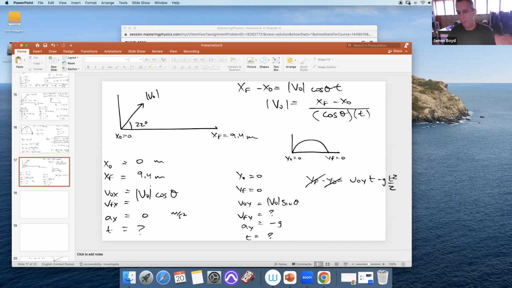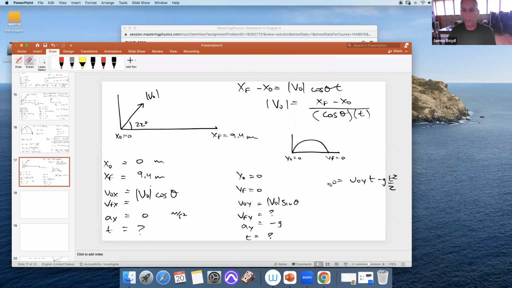Since these are the same, we get that this whole side of this equation is 0. And therefore, moving this over, V naught Y T is equal to G T squared over 2. But you can cancel one of the T's. However, V naught Y is V naught sine theta.